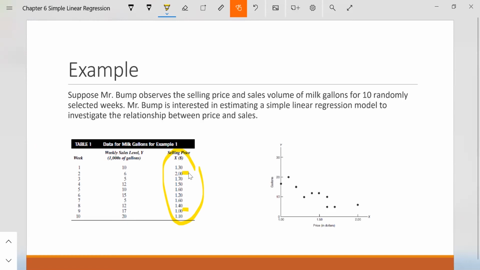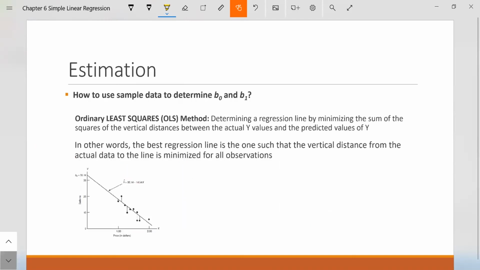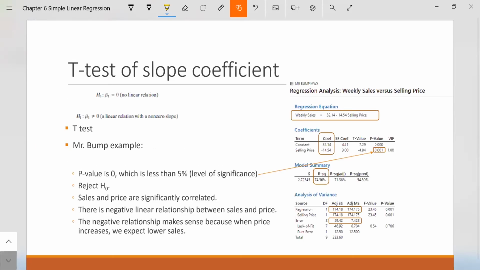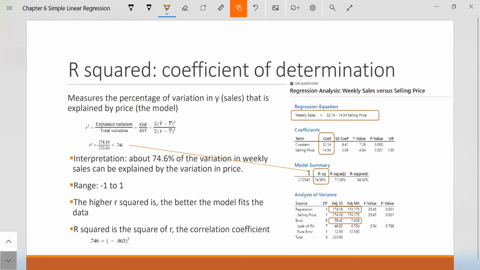That's the range. And therefore, when you predict or forecast the quantity of milk sold, you want to predict for prices between $1 and $2. And if you want to predict for $2.5, you want to be very careful because the result could be misleading, all right? So that's one cautious note about forecast using regression model.